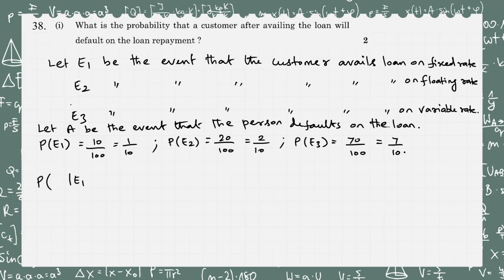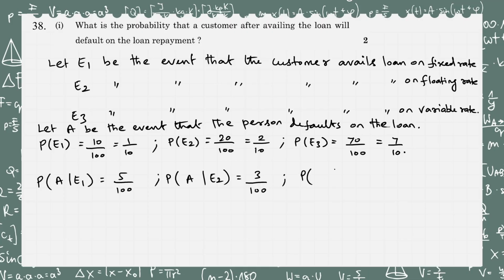Okay, so once you know that the person took the fixed rate, the probability of defaulting will be 5%, correct? 5 by 100, that's given in the sum already. And if you know the person availed the loan on floating rate, the person failing to pay the loan back will be 3%, which is 3 by 100.